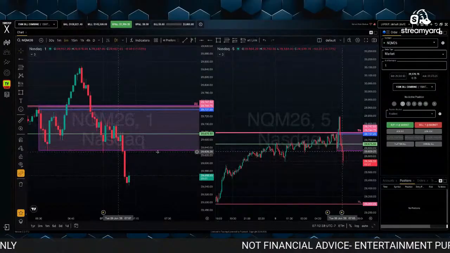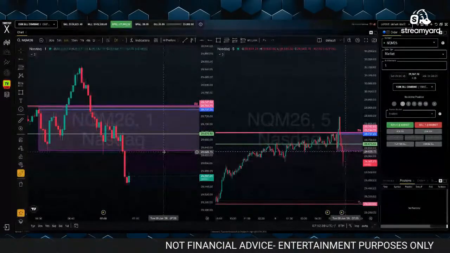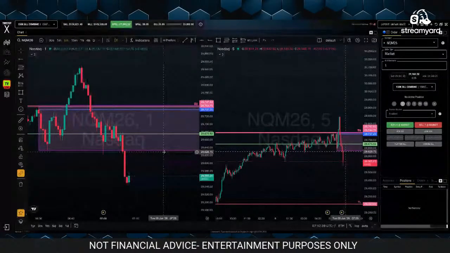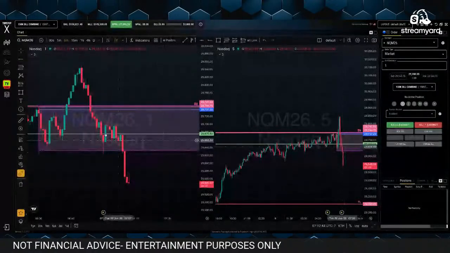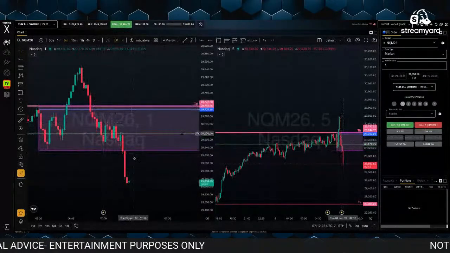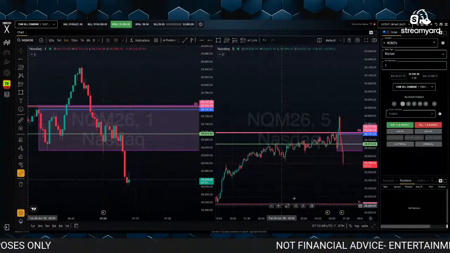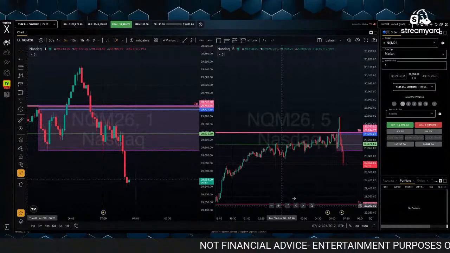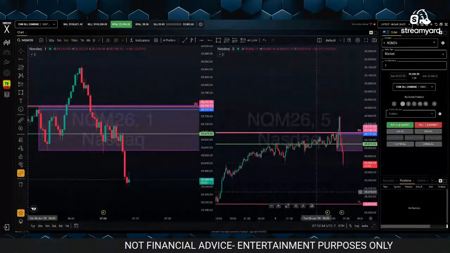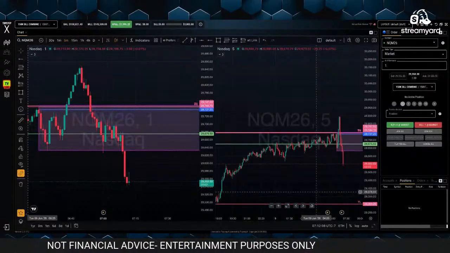Then you can adjust your money however you want, but you just have to start feeling confident on taking the move, taking your setup. And from there, you say, you know what, I'm willing to risk this much to make this much, and adjust accordingly.